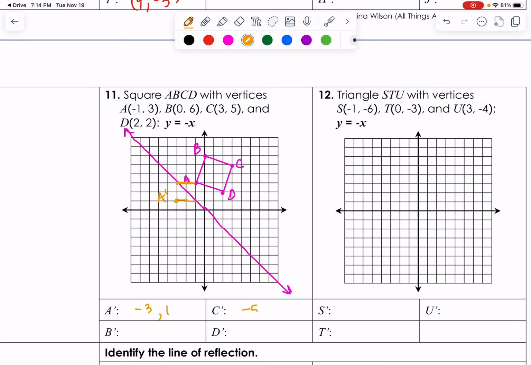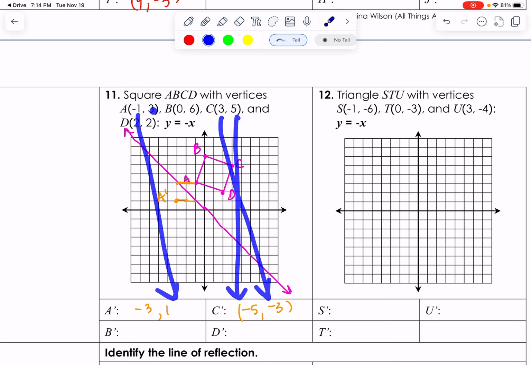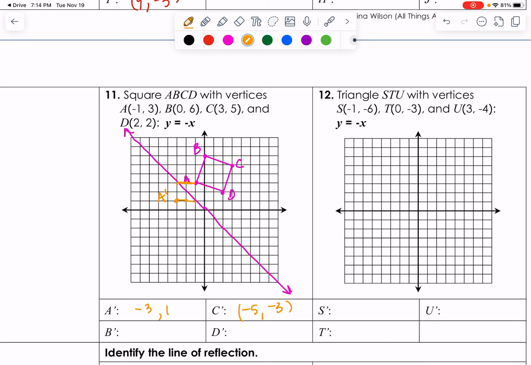C is negative 5, negative 3. Again, the coordinates change places and change signs. This was negative, now it's positive. This was positive, now it's negative. B was 0, 6, so it should be negative 6, 0.